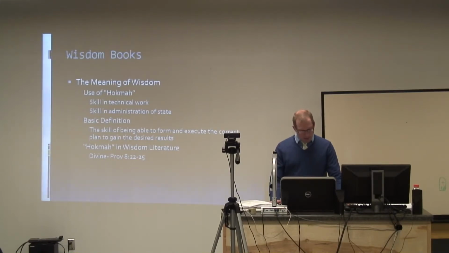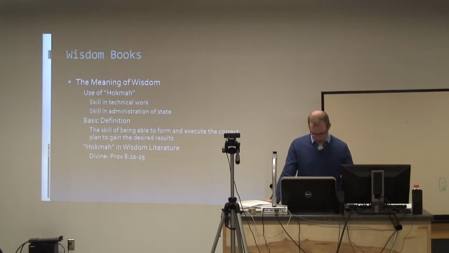From everlasting I was established, from the beginning, from the earliest times of the earth, when there were no depths, I was brought forth, when there were no springs abounding with water. Before the mountains were settled, before the hills, I was brought forth." So it is divine in its origin, and it is a characteristic of the way that God works. Wisdom.